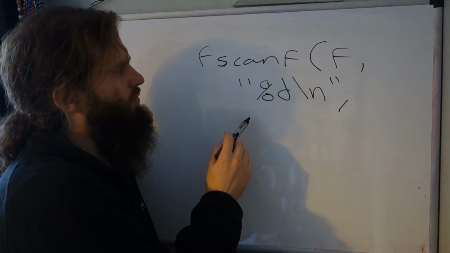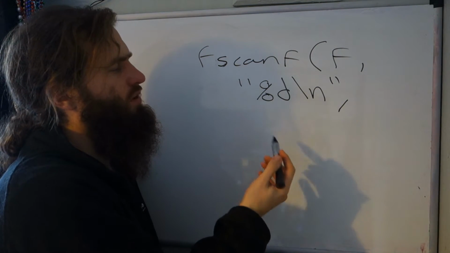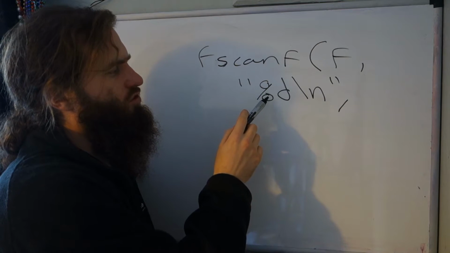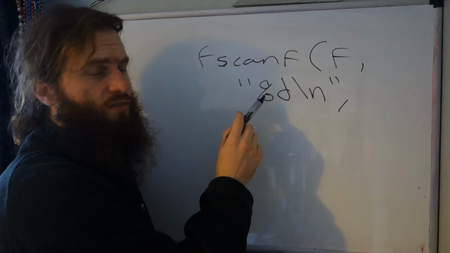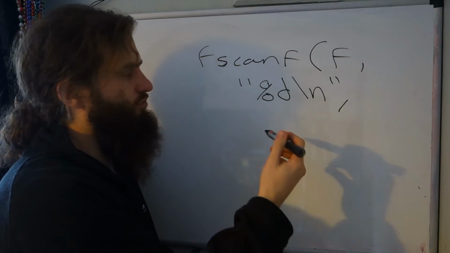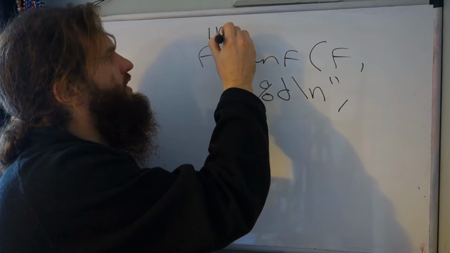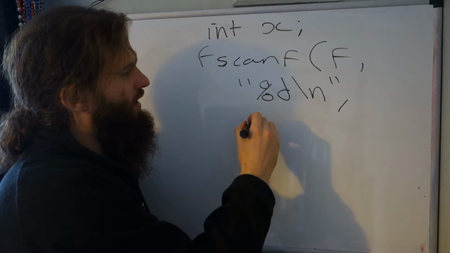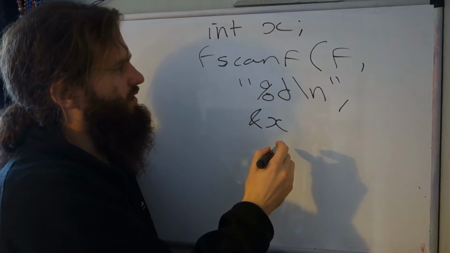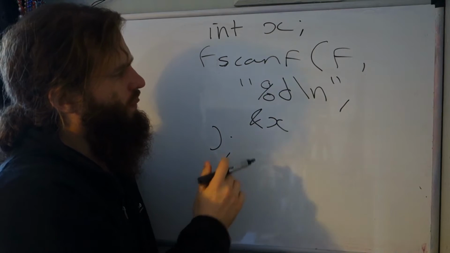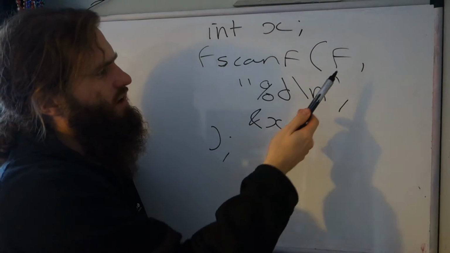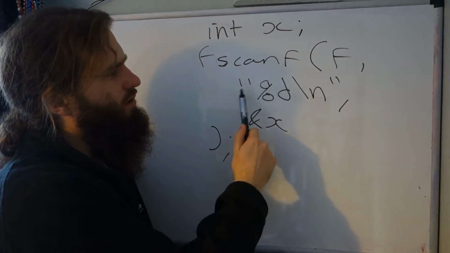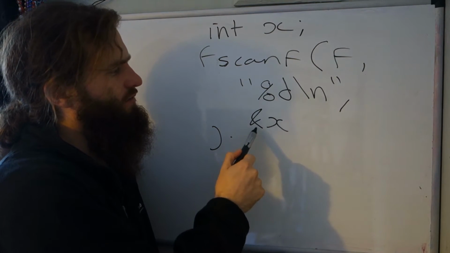Then the next argument that we put is a pointer to a variable within which to store this integer that's read. So if we've got an int x here, then we might have the address of x here as our pointer. And then that would be in this case 3 arguments. We've got our file, our format specification string, and the variable.